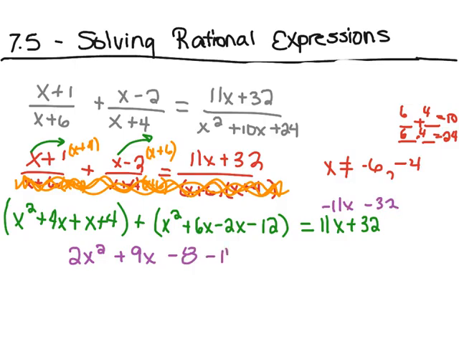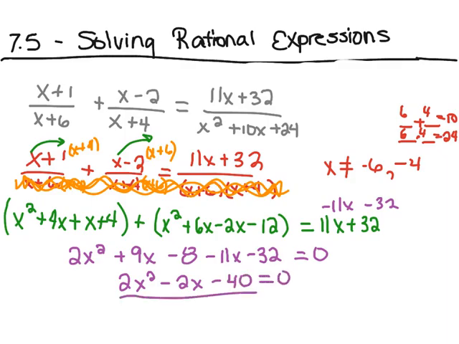So we have minus 11x minus 32 is equal to 0. Simplify again, and we should get 2x squared. 9 minus 11 is negative 2x, and negative 8 minus 32 is negative 40.